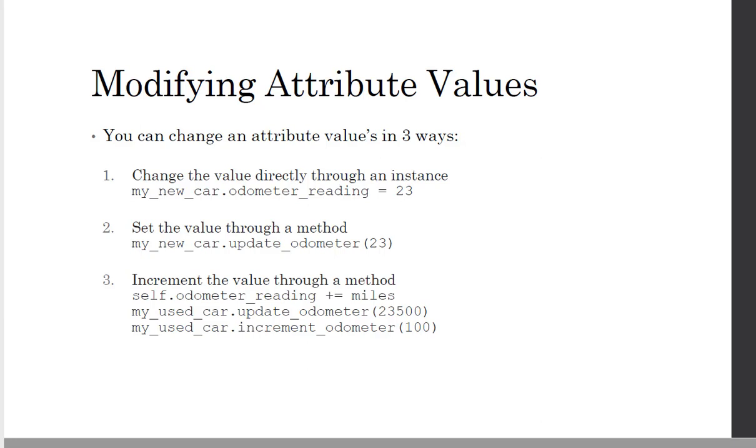Next, we'll look at how we can modify attribute values, and you can change attribute values in 3 ways. We're going to go over each one of these. The first way is to change the value directly through an instance. In this case, we're using the instance name of my_new_car, and we're just going to update it from 0 to 23.